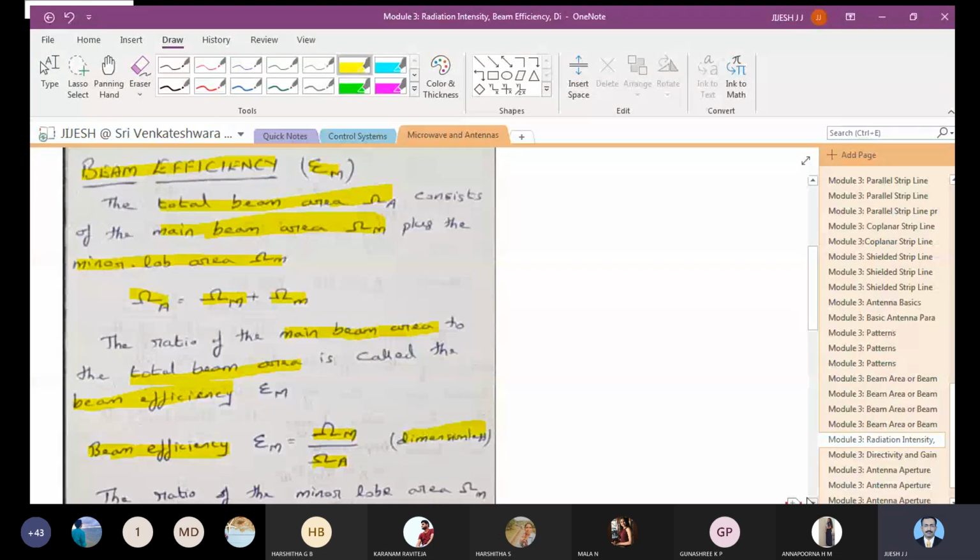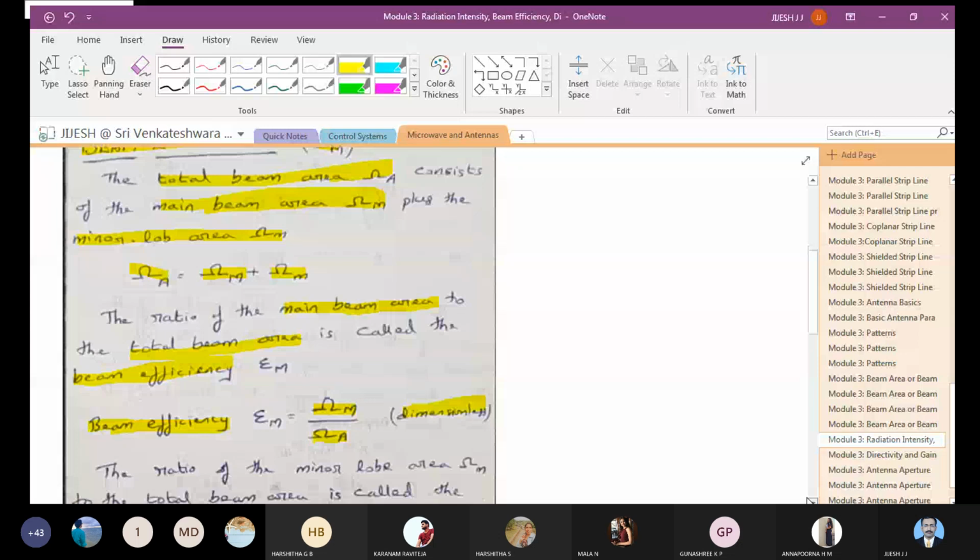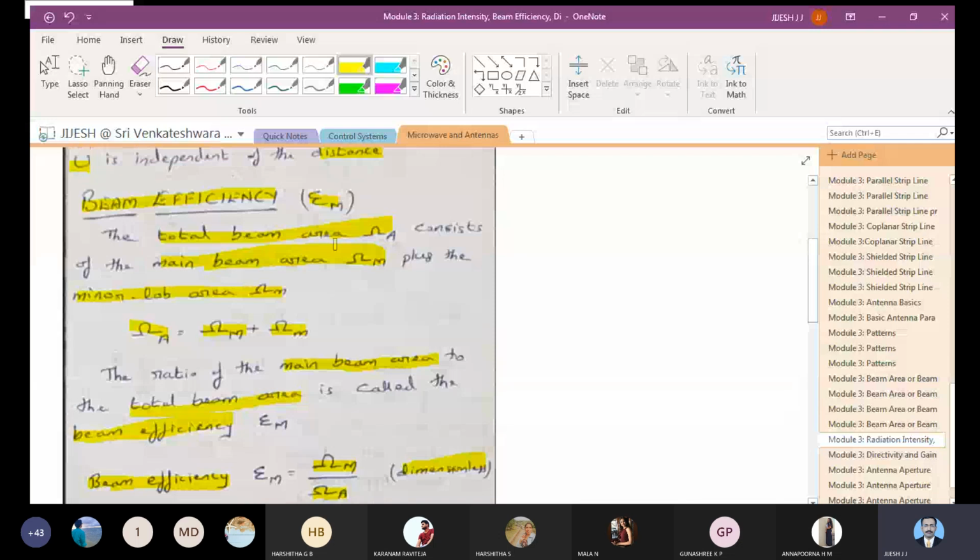Now, once you complete it, we'll go ahead. You can write down beam efficiency. The total beam area is given as omega capital M plus omega small letter m, and the beam efficiency is given as the ratio of omega capital M divided by omega A. Capital M denotes the main beam area, and small m denotes the minor lobe area.